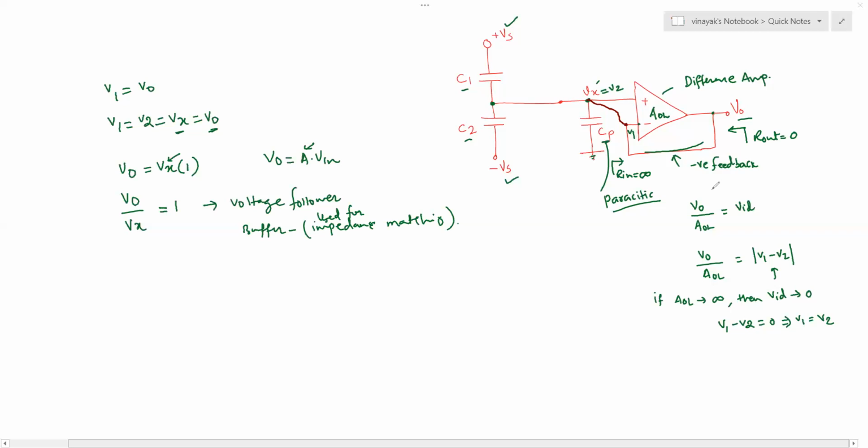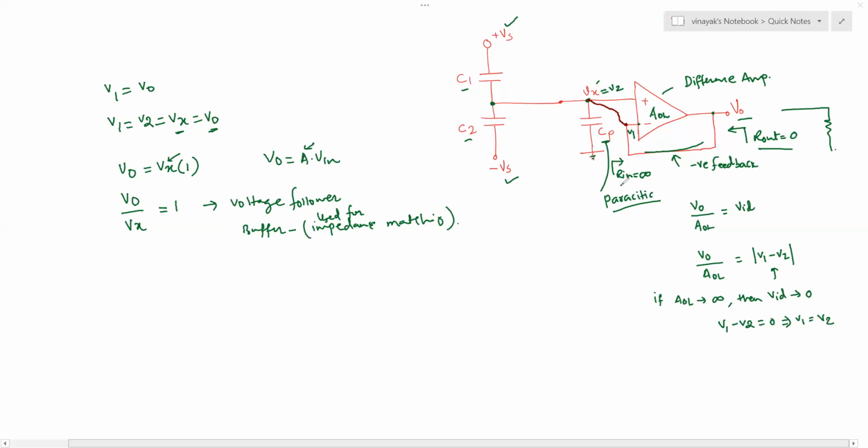And that helps us to place this voltage follower between circuits where impedance matching is required. Having a low output impedance helps us to supply any amount of current that the load will demand, the load that we will connect to the output of this circuit.